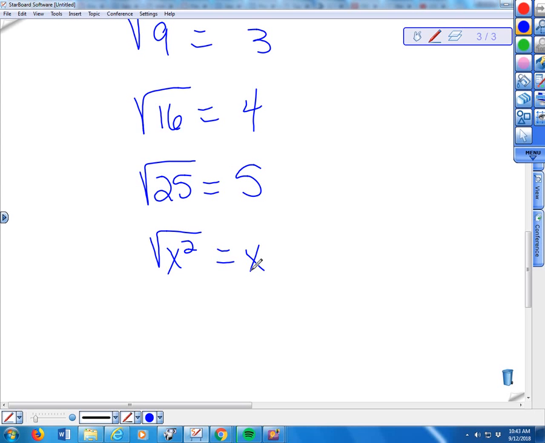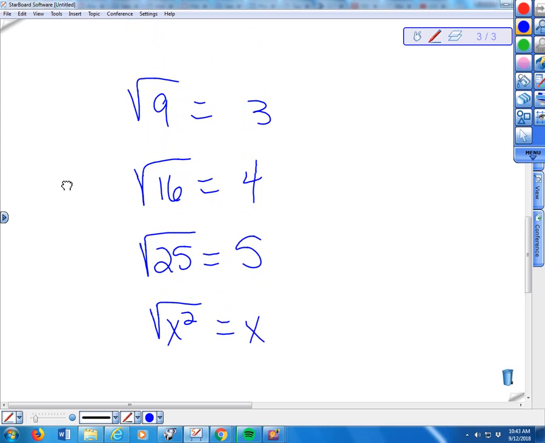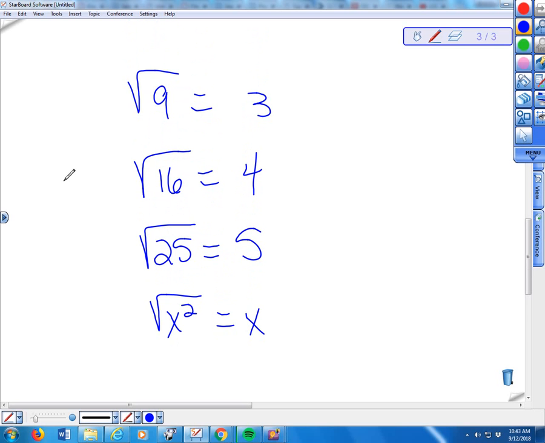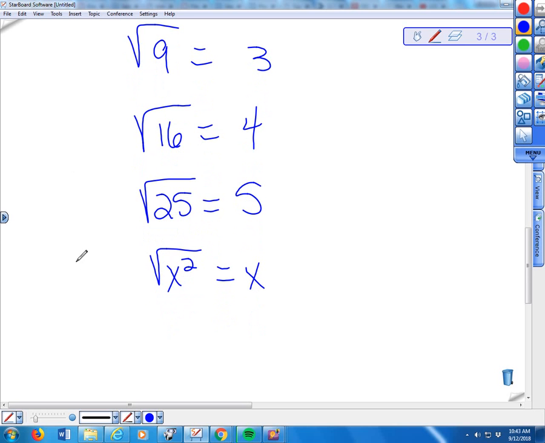Does that seem logical? If x is 3, 3 squared is 9, the square root of 9 is 3. The square root of x squared is x. So I might say my conjecture is the square root of x squared is x. Can you think of a counterexample that would make this false? There is one. So can you think of it?